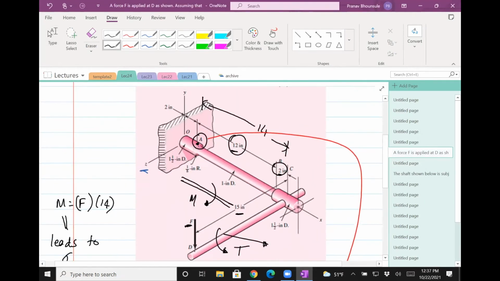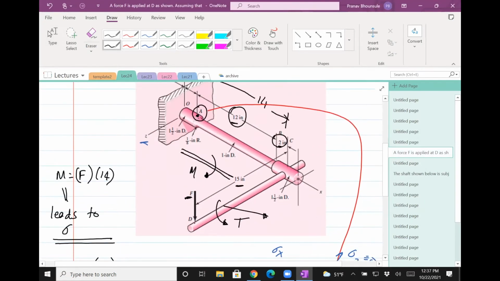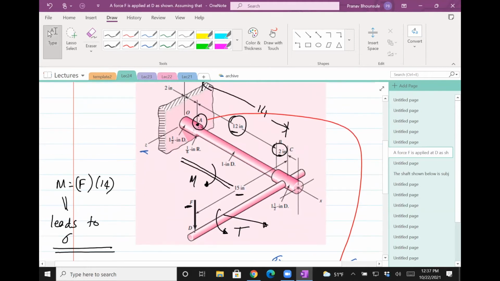So here, where's the diameter? This is 1.5 inch for the outer part, and the inner part is going to be 1 inch. And the critical stress will occur at the smaller diameter. That's the one which will fail.